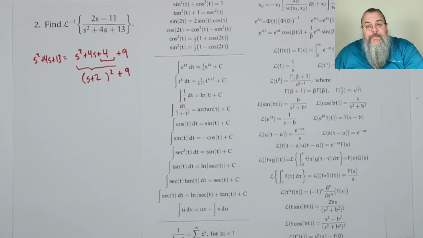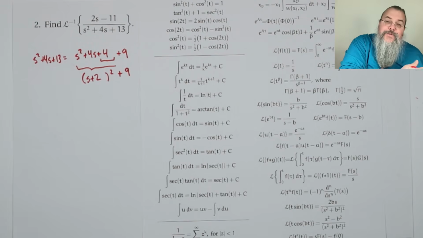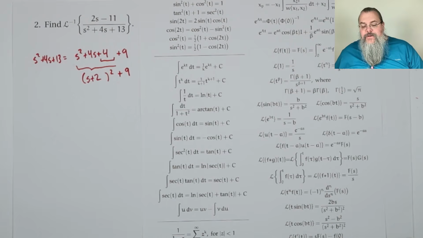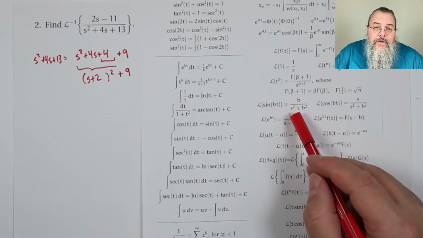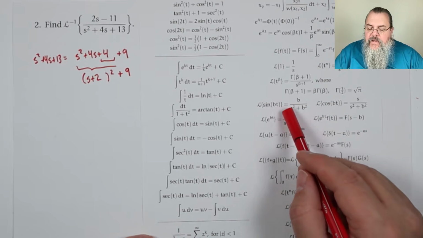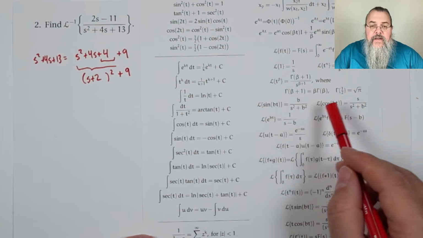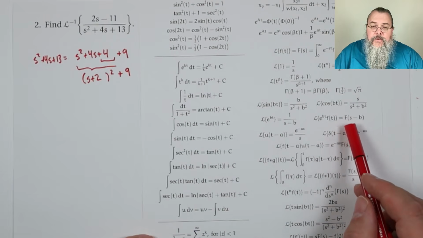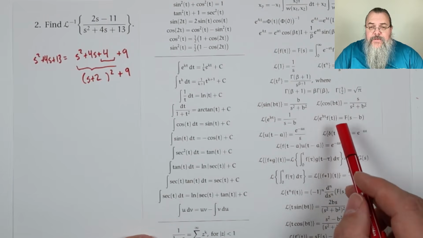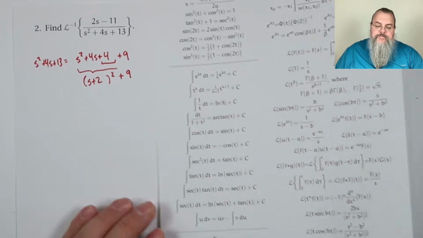Think about why am I using this formula? Why am I not using that formula? How would I know to use this formula? For us, the key thing was when we saw what we would call an irreducible quadratic downstairs. That signals something with sines and cosines. Because we saw a shift, that signals the shift formula. That's how we know which formulas to key off of.